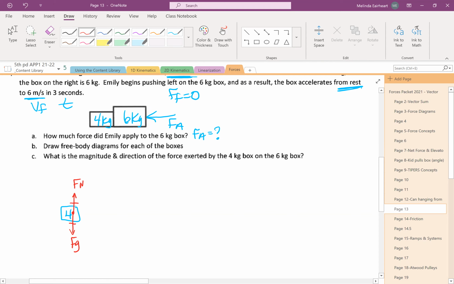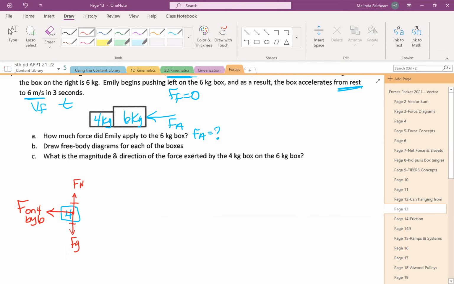Now Emily's not touching the 4. Who's touching the 4? The 6 block is pushing the 4 block what direction? To the left. Watch how I label this. The force on 4 by 6. And there's no friction, nothing else.